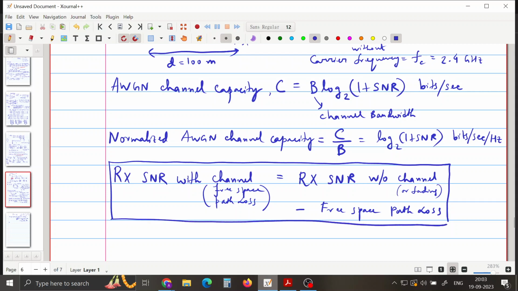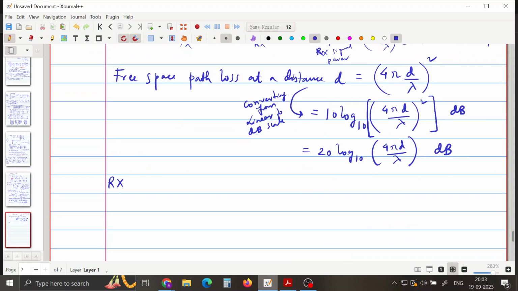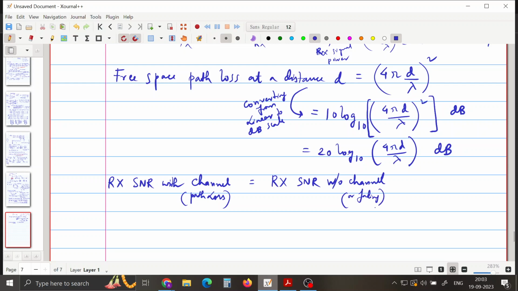So the received SNR with channel, path loss, is equal to the received SNR without channel, or fading, without fading, actually the same thing, minus path loss.